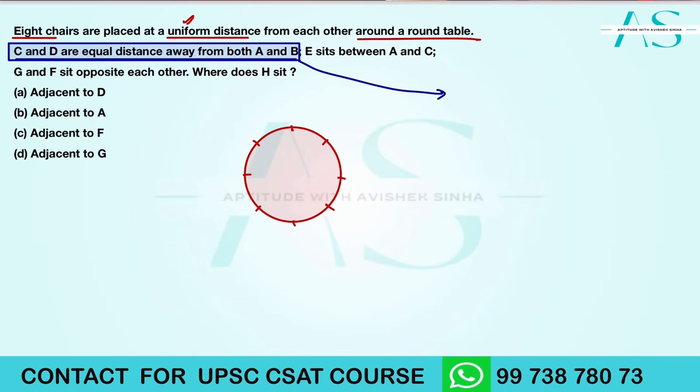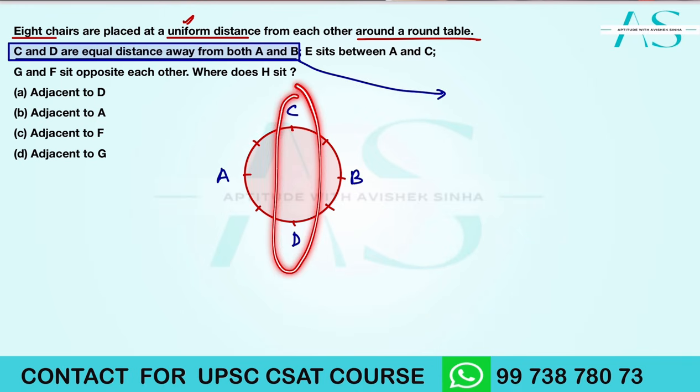This statement here means that C and D are opposite to one another and A and B are opposite to one another. C and D are at equal distance both from A and B. Yes, C is 2 steps away, D is also 2 steps away.